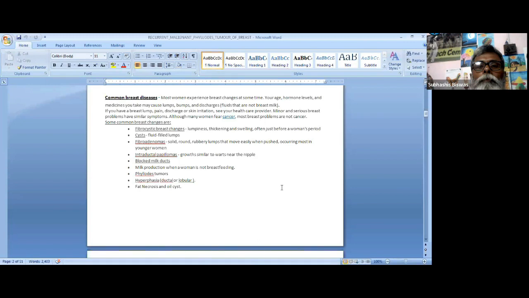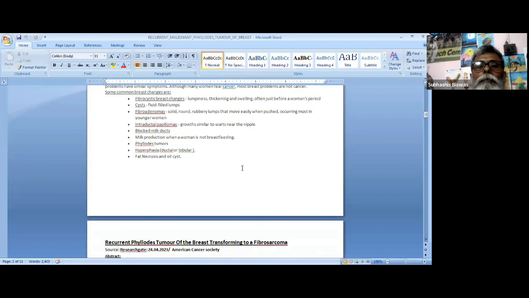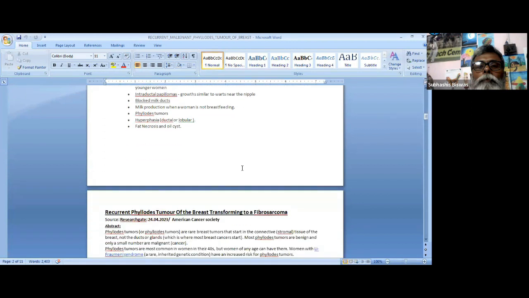Intraductal papillomas, growths similar to warts near the nipple. Blocked milk ducts, milk production when a woman is not breastfeeding, and Phyllodes tumors. Today's subject: hyperplasia, ductal or regular, and fat necrosis and oil cysts.